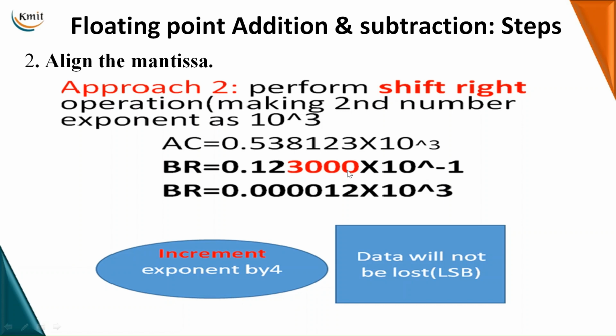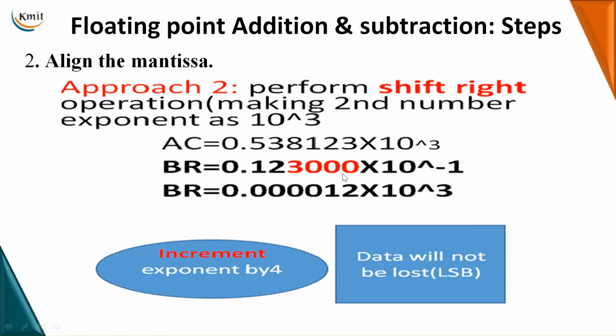So I perform a shift right operation on the contents of the BR register, with as many shifts as needed so that the exponent of the BR register equals the exponent of the AC register. To make -1 into 3, how many right shifts do I have to perform? I have to shift 4 times, 4 bits.